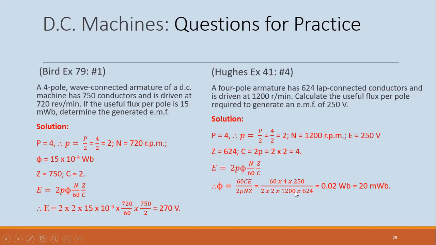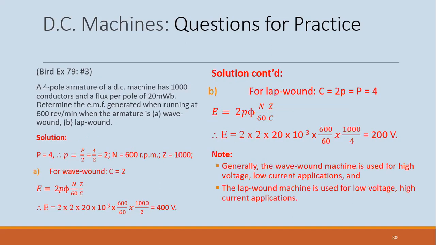Substitute the data, and phi works out to be 20 milliwebers. All right, so fairly straightforward calculations here. But of course, we're just warming up, right? All right. I think I put another one here.